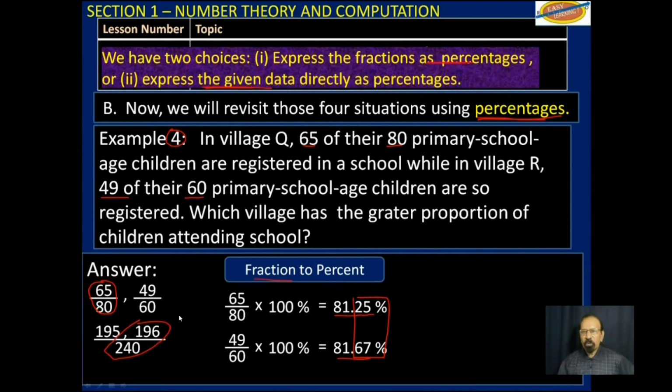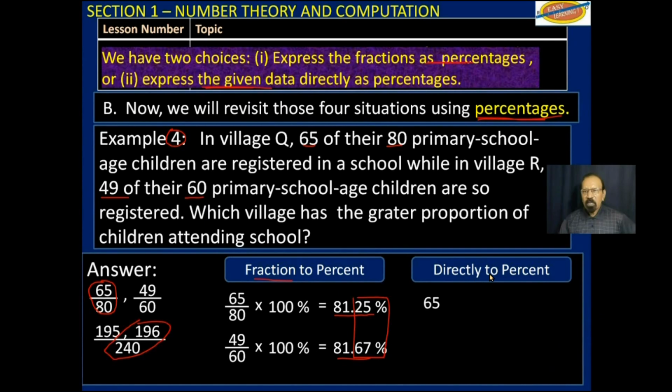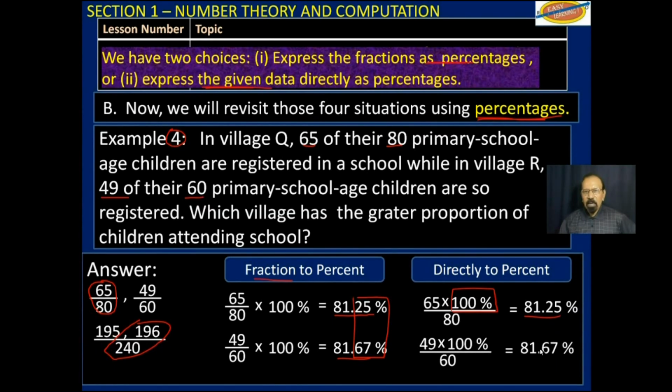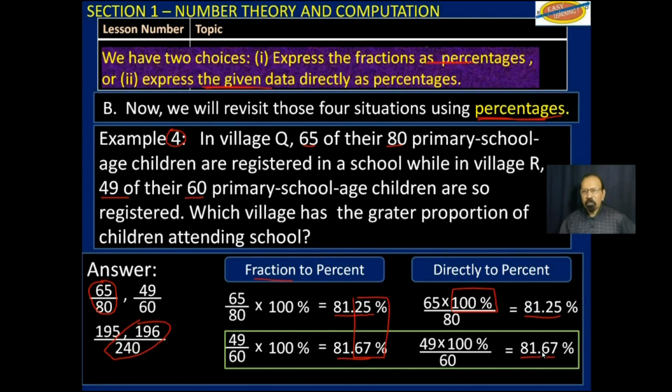And again, if we do that percent directly, 65 multiplied by 100, remember, always multiply by 100, over the other larger number, which is 80, and that would give you 81.25. And in the next case, it will be 49 multiplied by 100 over 60, and now we get 81.67.